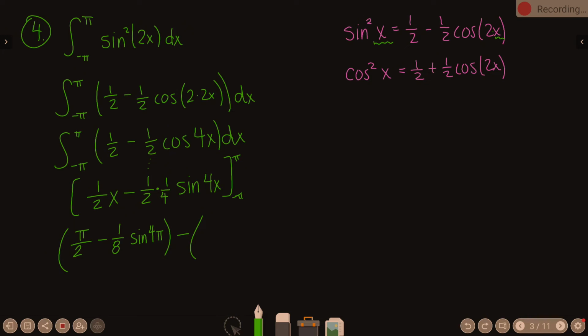Now I'm plugging in negative pi. So it's 1/2 x, so negative pi over 2, minus 1/8 of sine of negative 4 pi.